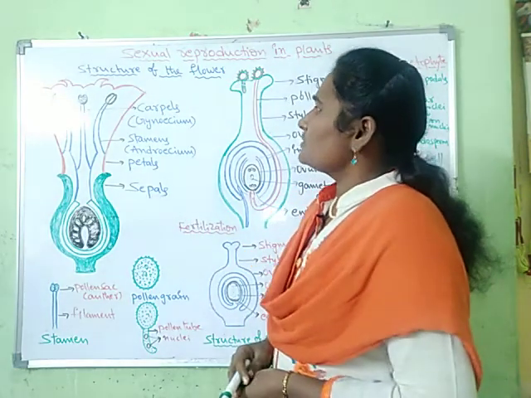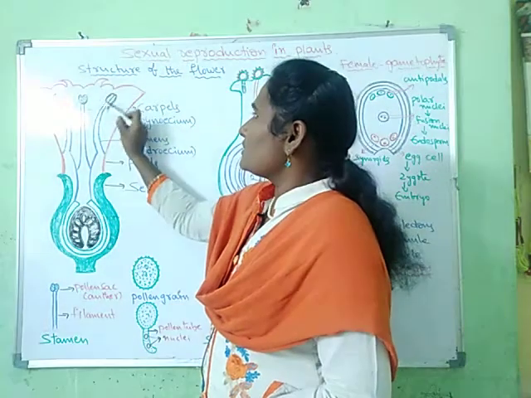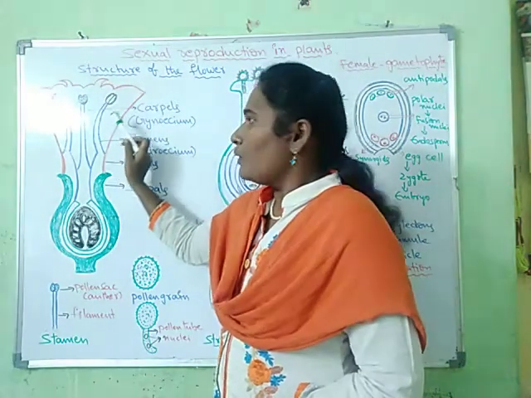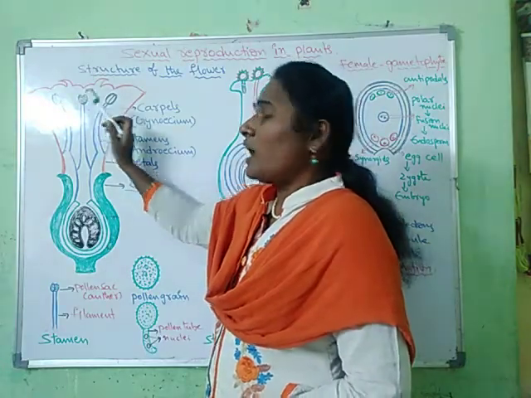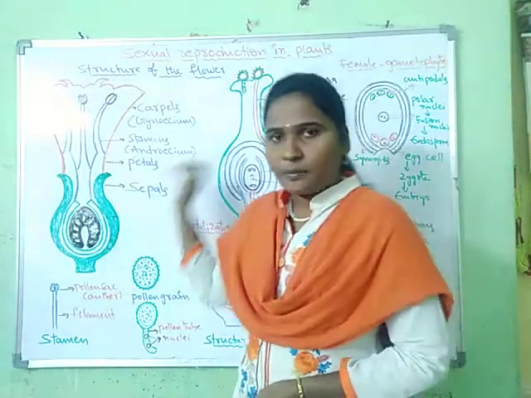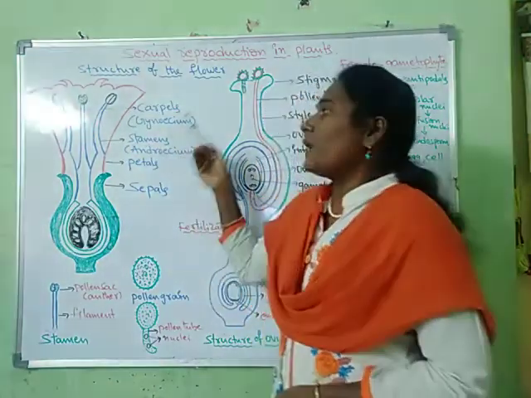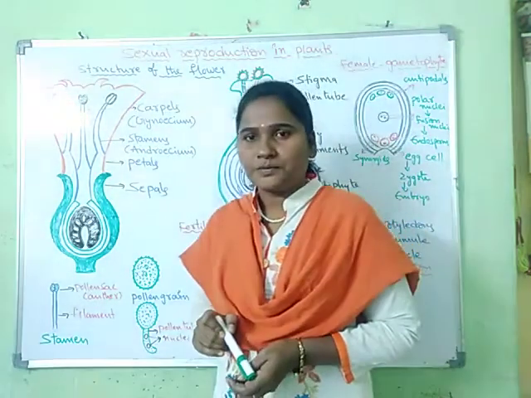In some plants, the male reproductive cells of a flower fertilize the female reproductive cells of another flower, which is present on the same plant or a different plant of the same group. That is called cross pollination.